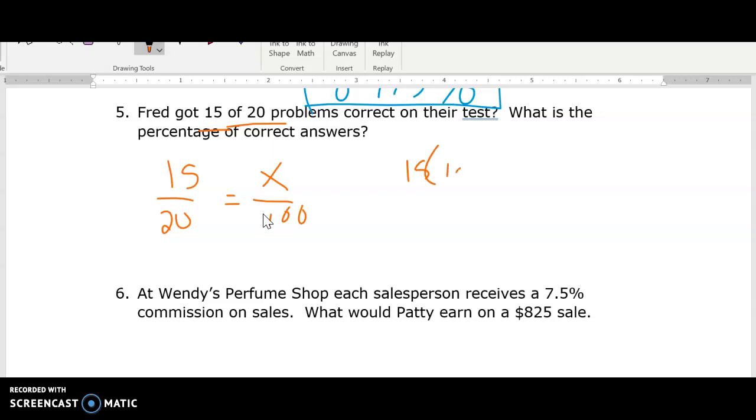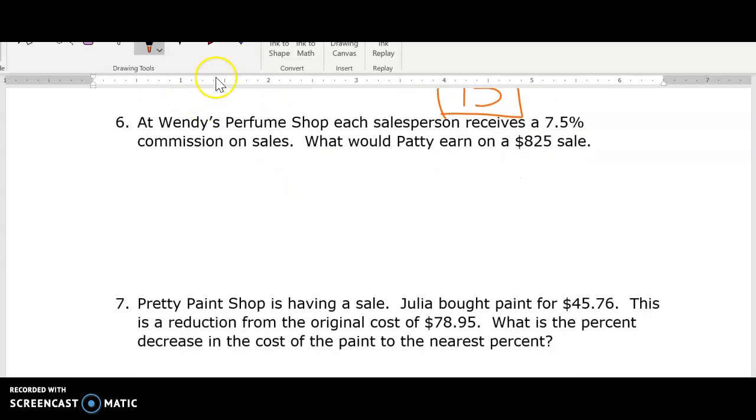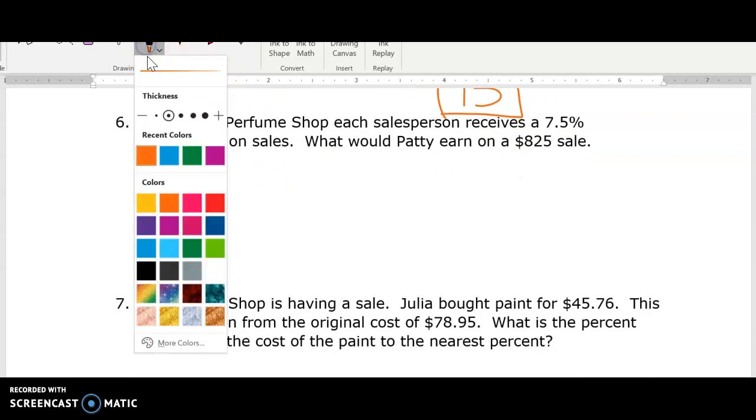So 15 times 100 equals 20x. 1500 equals 20x. Then divide both sides by 20, and that's 75. So if you have a test with 20 problems and you want to pass, you have to get 15 problems correct to get a 75.